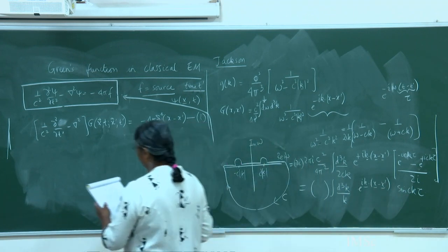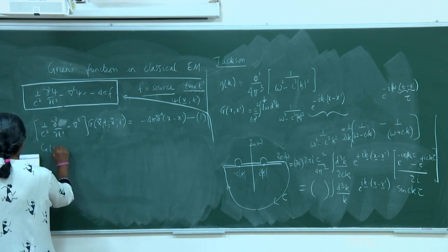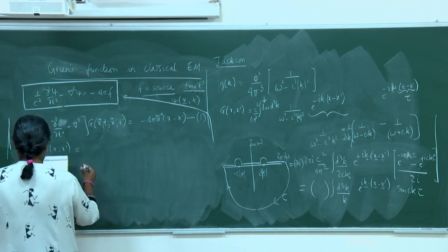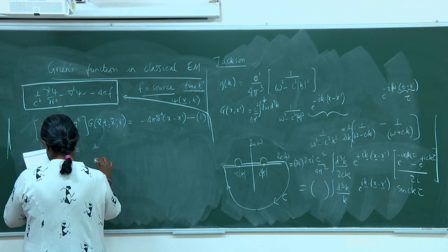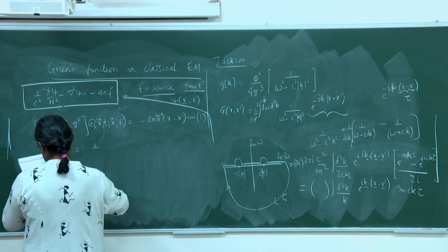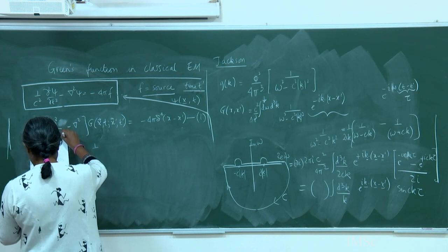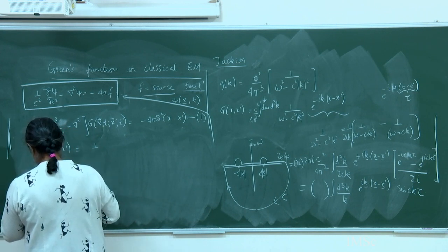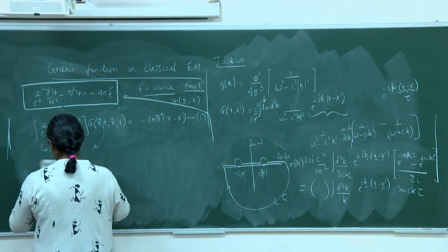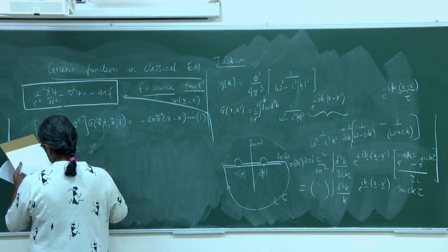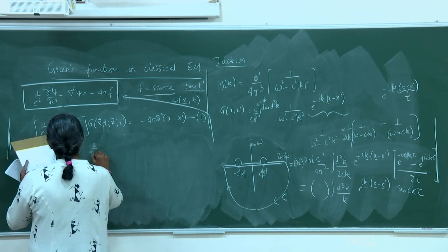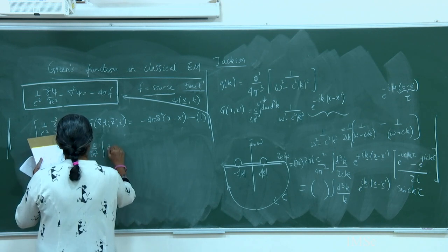So g of x prime is equal to c by 2 pi squared, d cubed k, and so on.